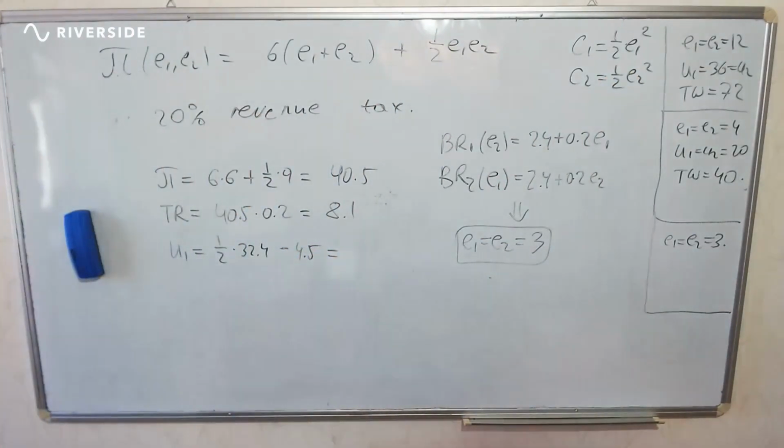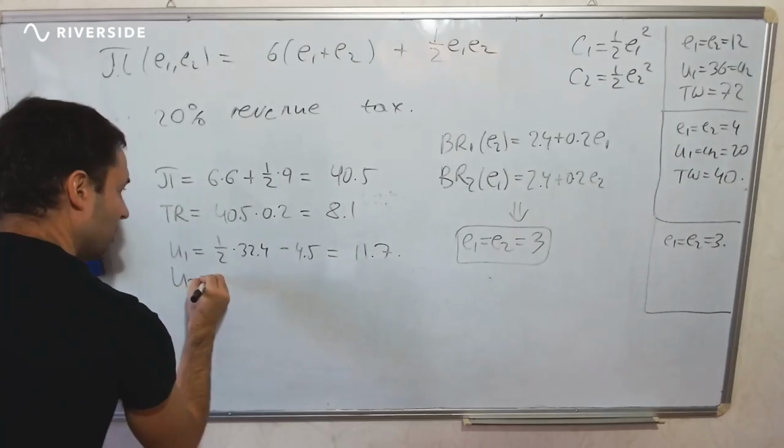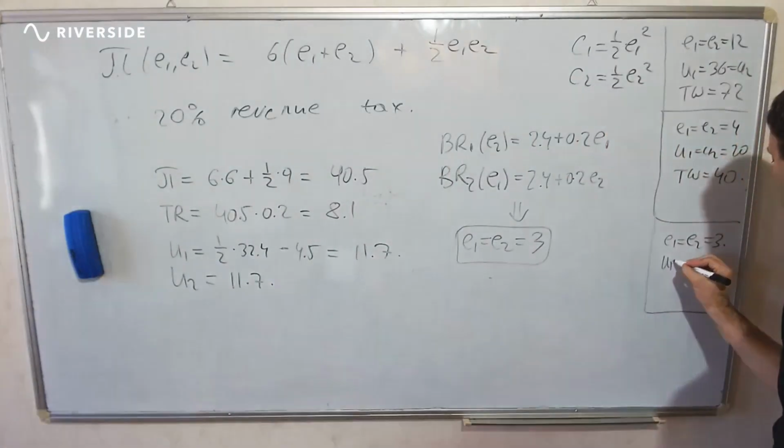So if you do the calculation, you will get 11.7. And the same for U2, 11.7.